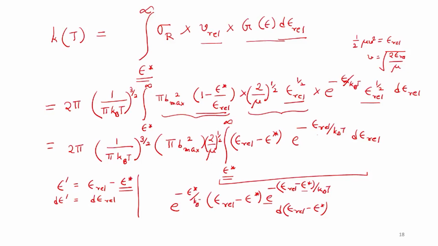Then I can integrate it. And then I can switch to epsilon prime, and we know that if the lower limit for E relative is epsilon star, then epsilon prime goes to 0.